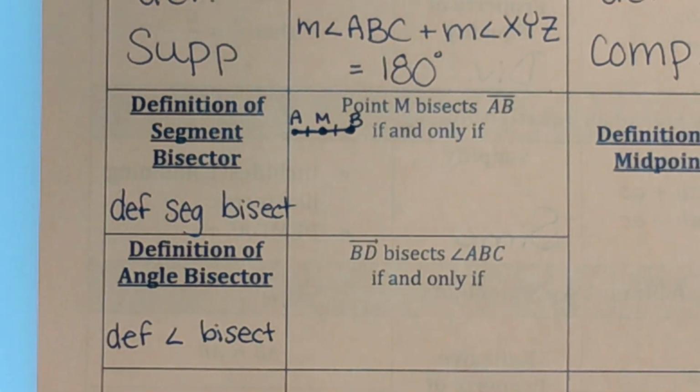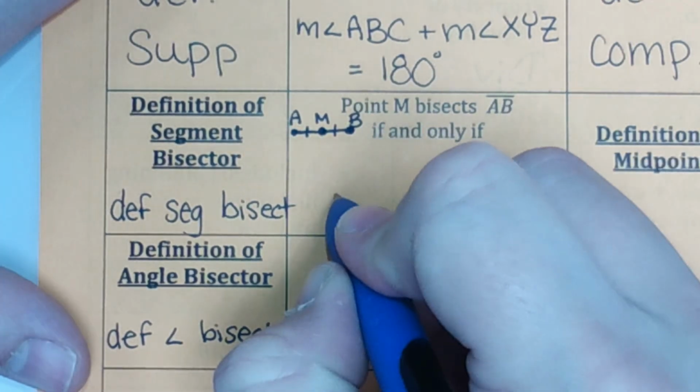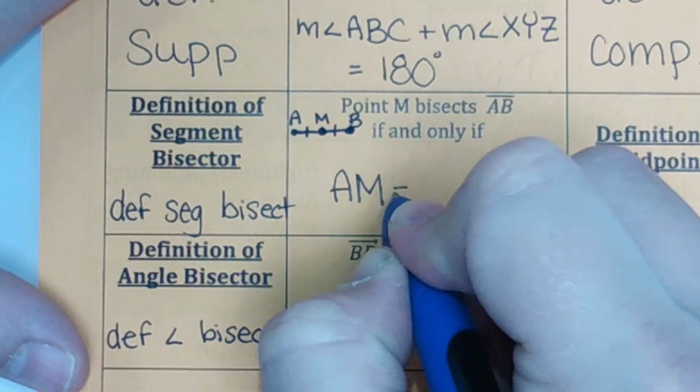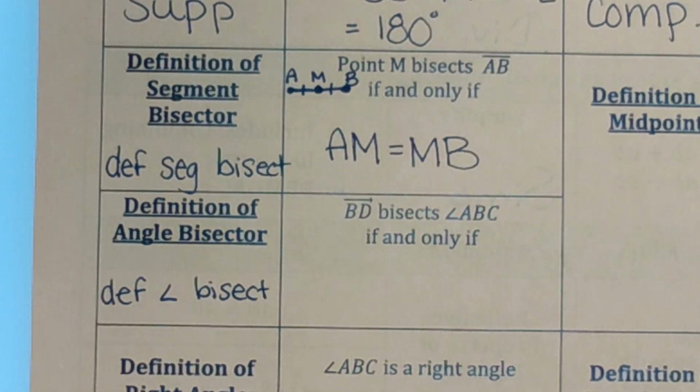If I come across something that looks like this, and we are told that point M bisects AB, we are able to say that AM is equal to MB. Those two halves are equal to each other.